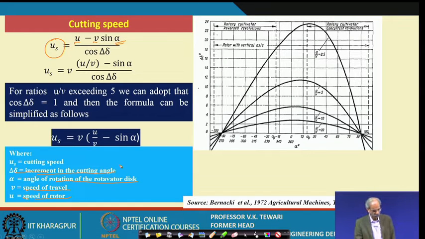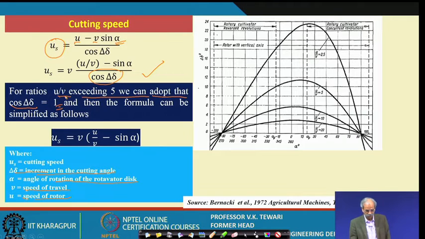So, with this you find that us is given by this here, and for a ratio of u by v exceeding 5, we can adopt that cos delta is 1. You can say that the value of cos delta which is coming over here can be taken to be 1 for u by v equal to 5.